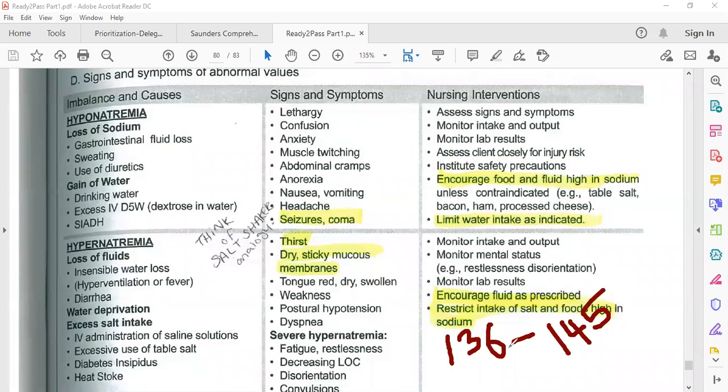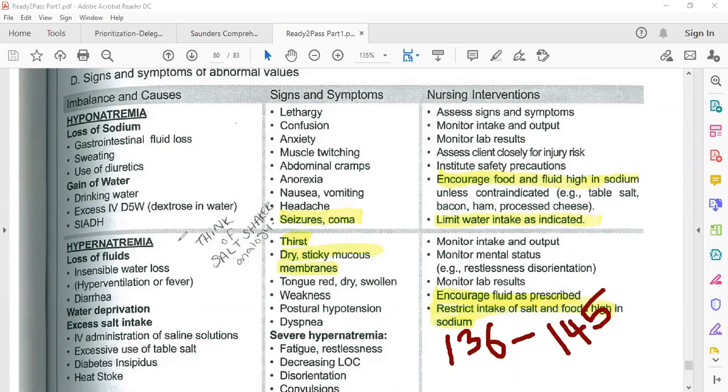So if the sodium level is less than 136, it is hyponatremia. If the sodium is more than 145, it is hypernatremia. Even a baby who was born today would know this.